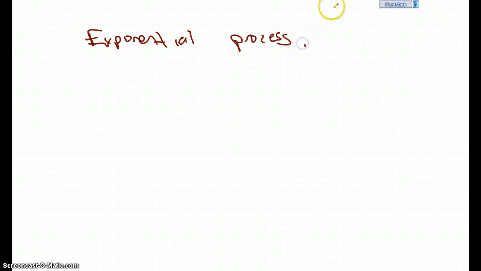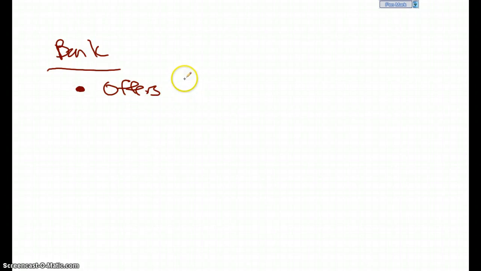So let's take a look at an example. The bank works in a couple of ways. First of all, every bank offers, so when I'm saying offers, let's say you're putting money into a bank. Now it really doesn't matter whether you're borrowing or you're giving the bank your money, other than the fact that the bank wants more interest from you for borrowing their money than they're willing to give you to borrow yours.